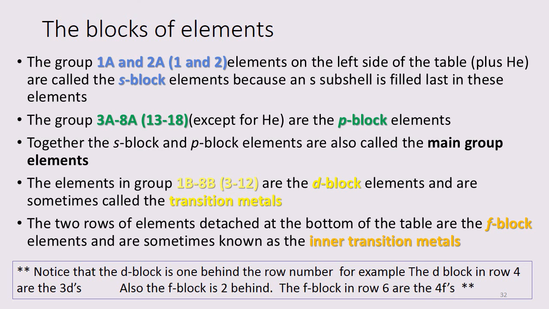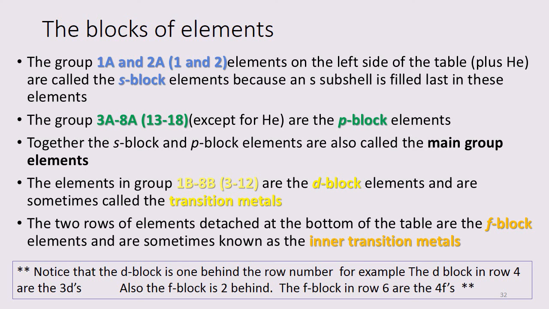So again, notice the S block. Then groups 3A through 8A are called the P block elements, or 13 through 18 if you use that numbering system. Together, the S block and the P block are called the main group elements.